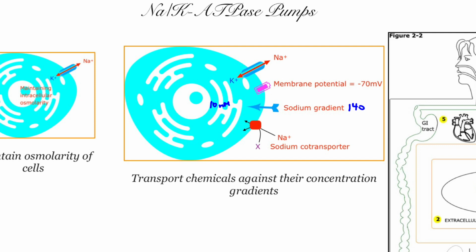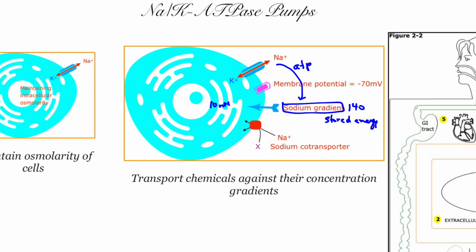So there is a sodium gradient. This gradient was formed because of the energy used by the pump. So the sodium gradient is sort of stored energy. It's a form of stored energy.